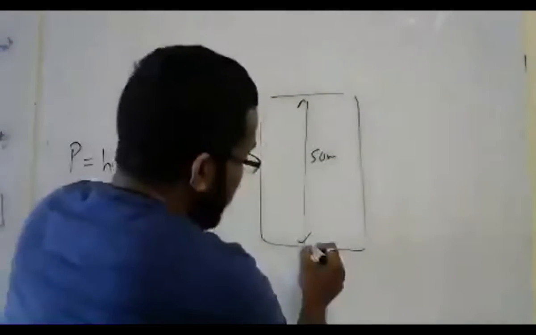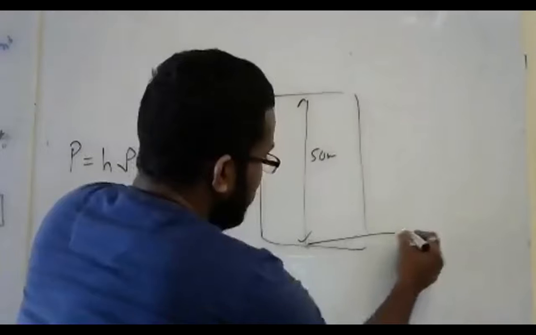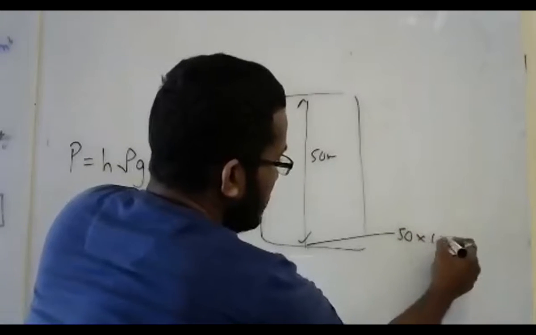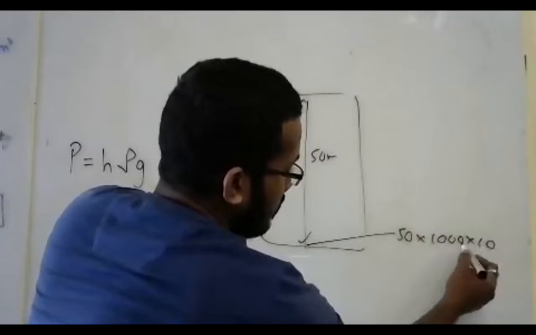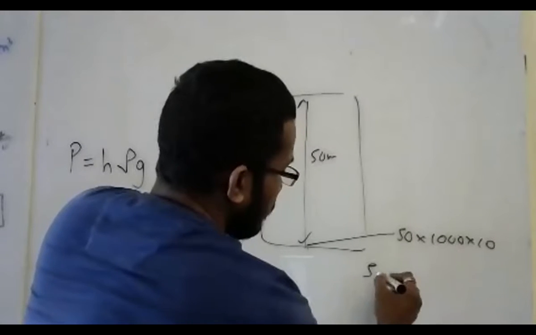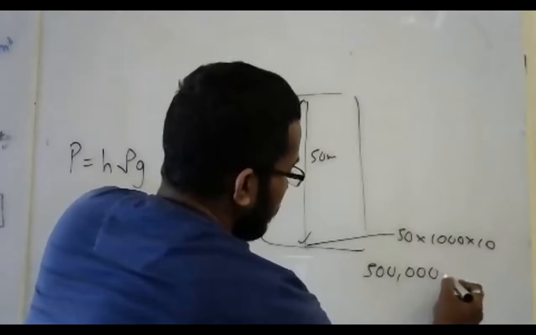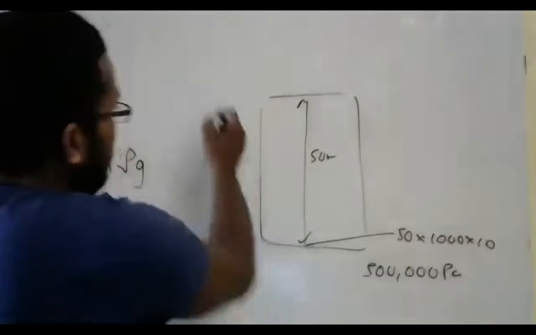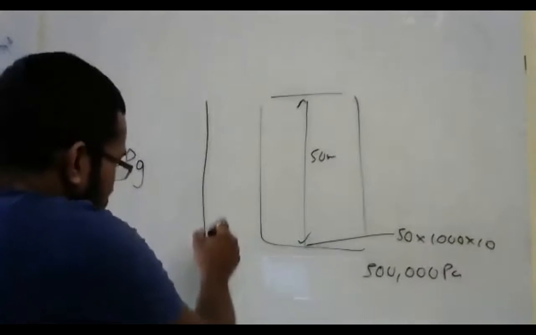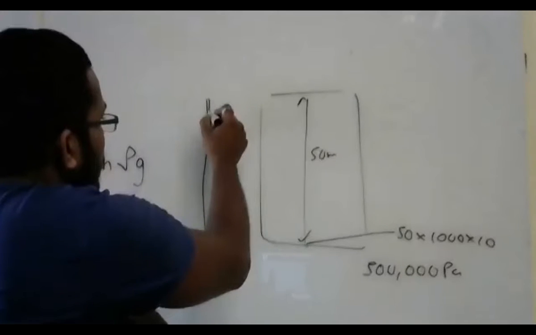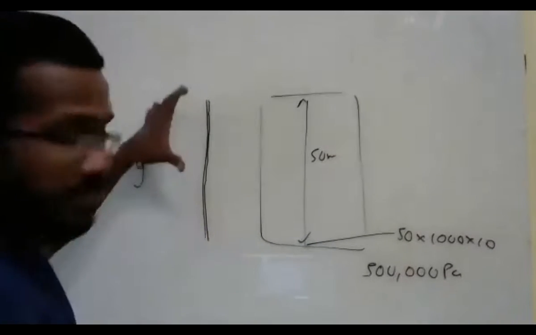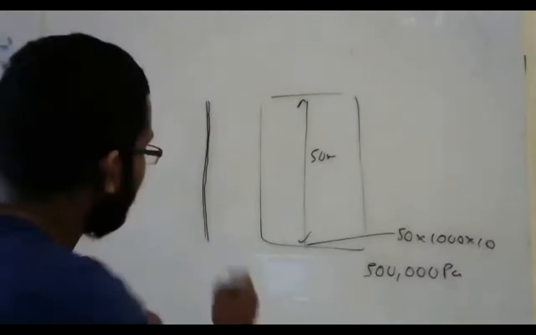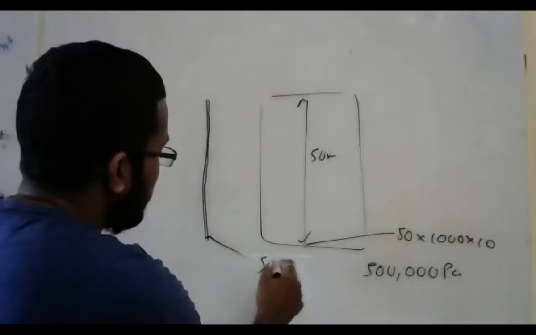So the pressure here is 50 meters times density of water times gravity. That's about 500,000 pascals. Even if you have a thin tube, at that height the pressure at the bottom will still be 500,000 pascals.